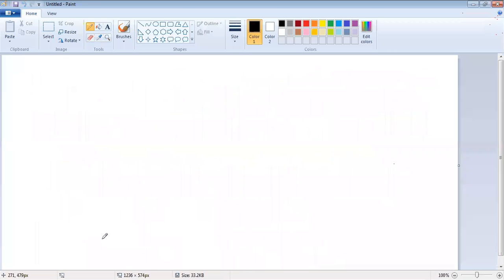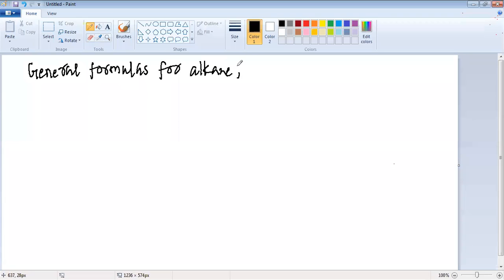Now, my dear students, we want to study the general formulas for alkanes, alkenes and alkynes. Let us study the general formulas for alkane, alkene and alkynes. So first we should study about the alkanes. Let us have a look to the alkanes.